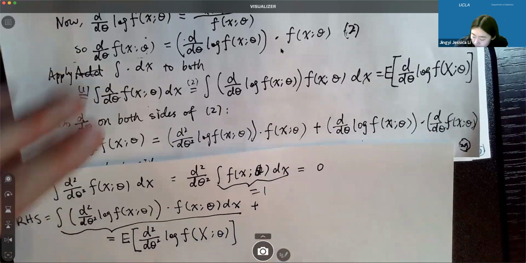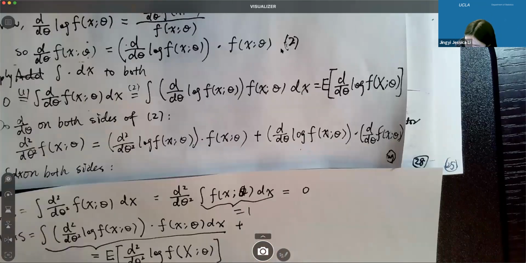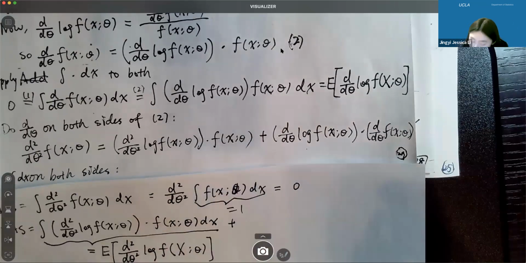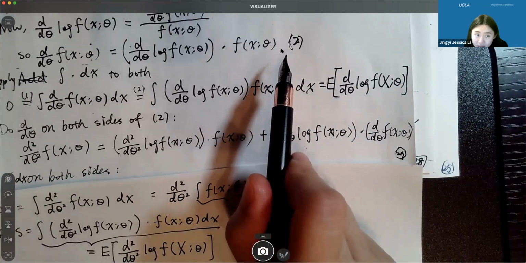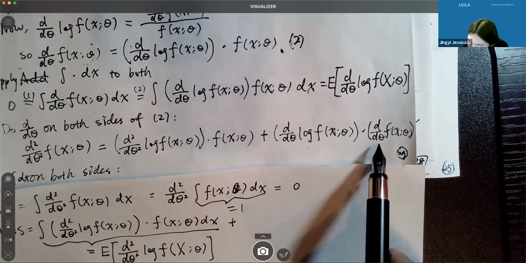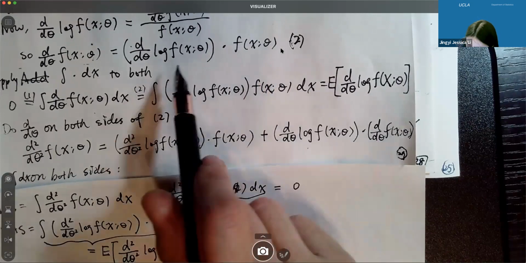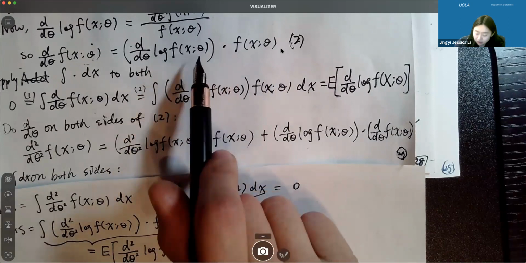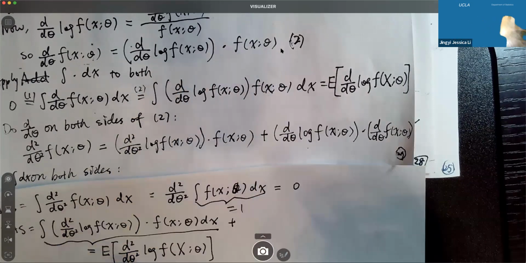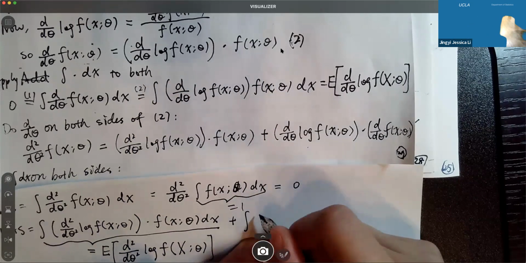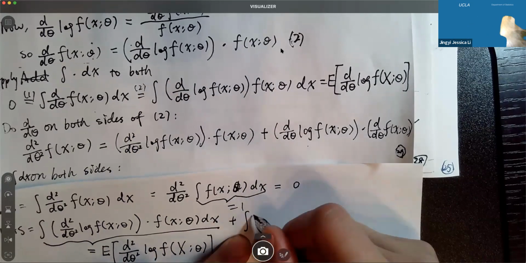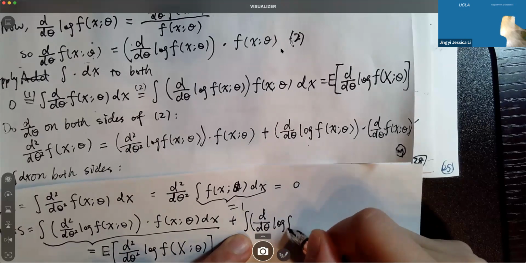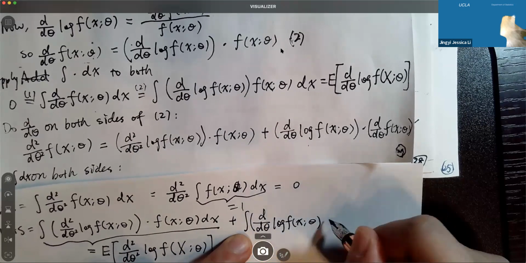For the second term right here, we are going to use our 2 again. This d theta f(x, theta) can be expressed by this equality. So let me just use that. I'll put the first term here, d theta log f(x, theta).